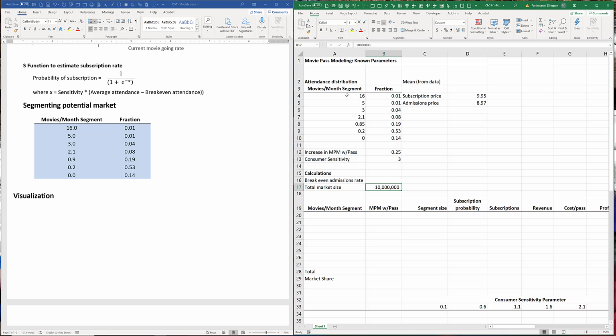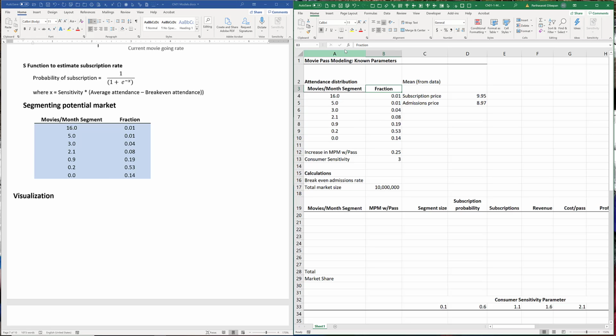We have movie going rate, and then the fraction of the total 10 million. Now let's go ahead and format this. The same decimal places throughout, and then we'll center it like that.